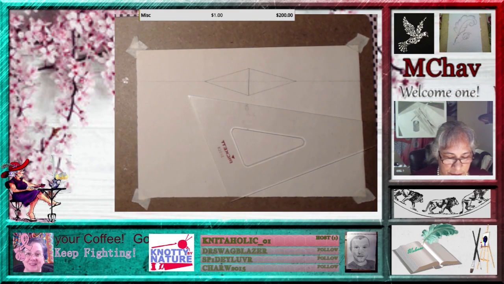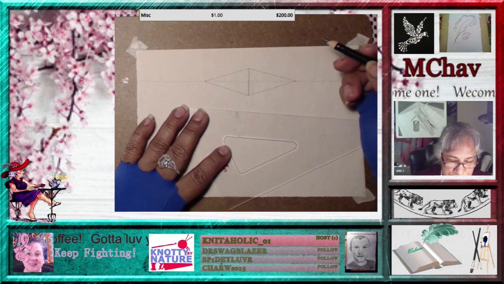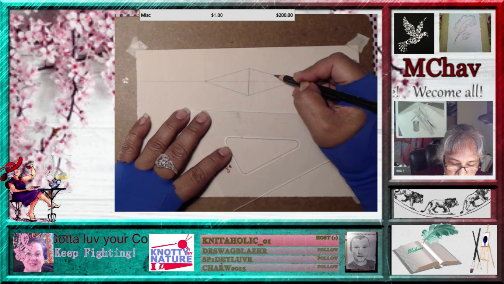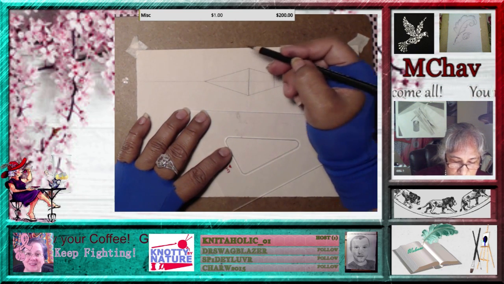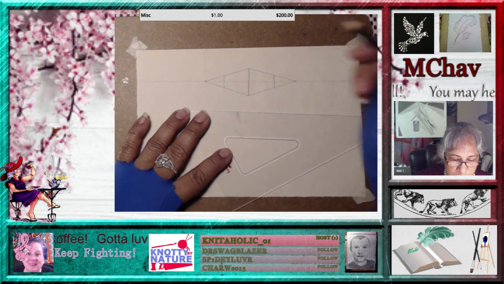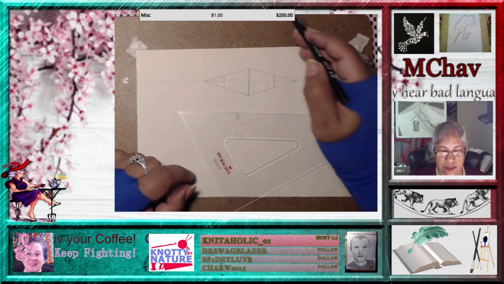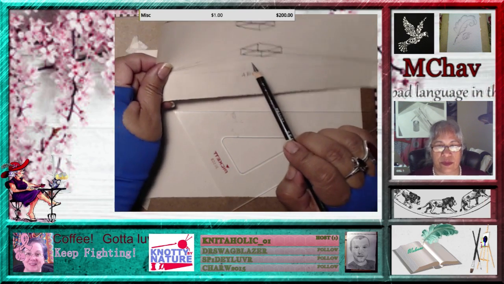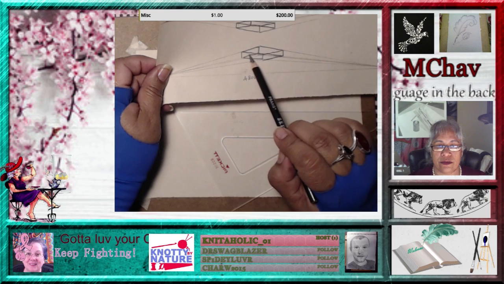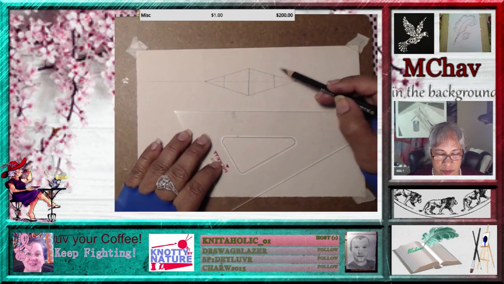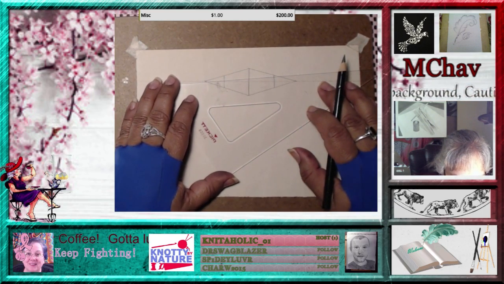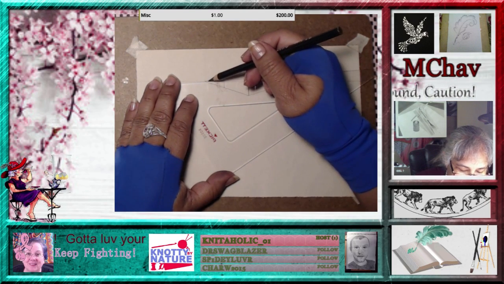Ta-da. All right, so now we're going to put a straight line here, a straight line there. Now we're going to do the same thing. Remember how we did the lines right in here? How I put these lines, they're going to go to the vanishing point from both sides.